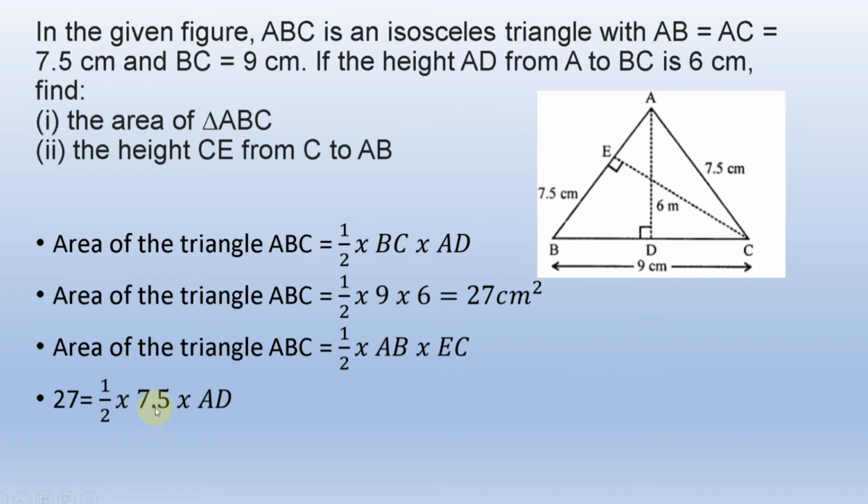AB is given as 7.5 and we need to calculate EC. Sorry, this is EC, you can just correct it. Now EC will be 27 into 2 by 7.5, that is 7.2. So this EC is basically 7.2.